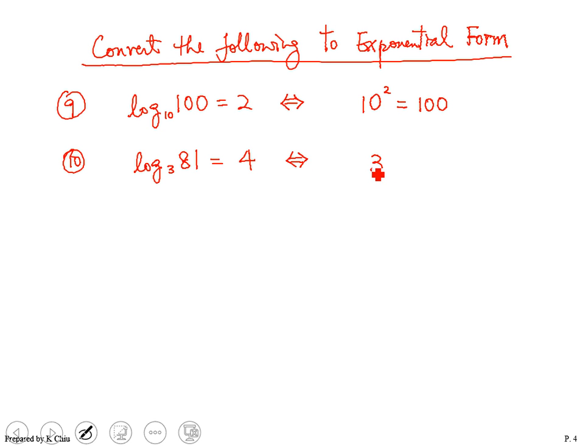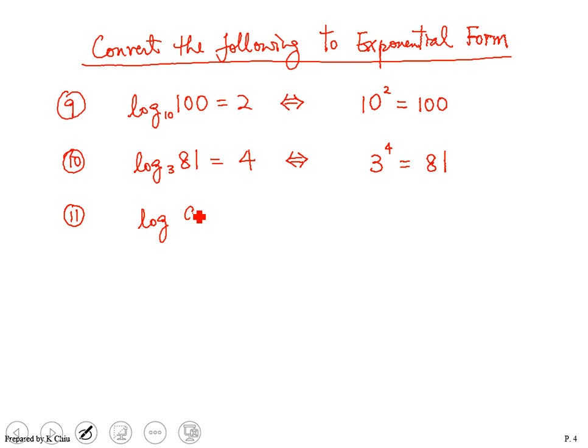Raise it to the fourth equals 81. Now, some students just try to make sense out of it. Oh, I know 3 to the 4 is equal to 81, so I know how to put them in the proper place. But be careful. Sometimes you may not be able to do that. You really need to know how to convert them.